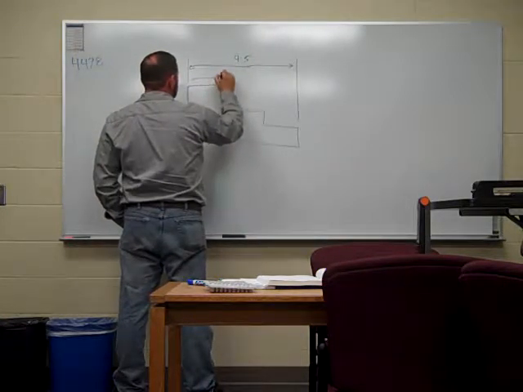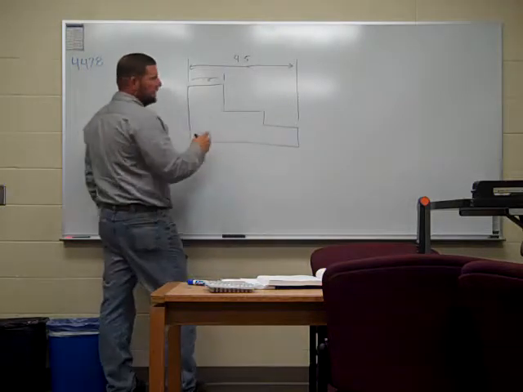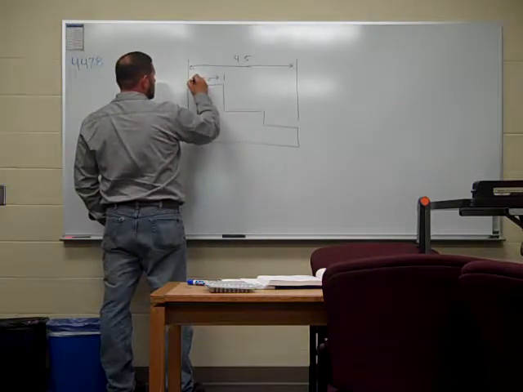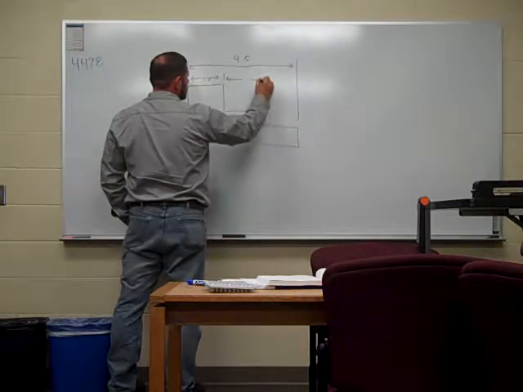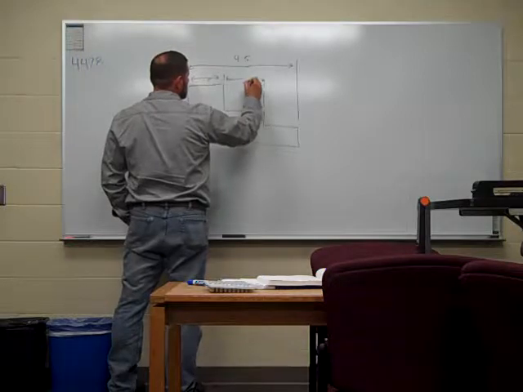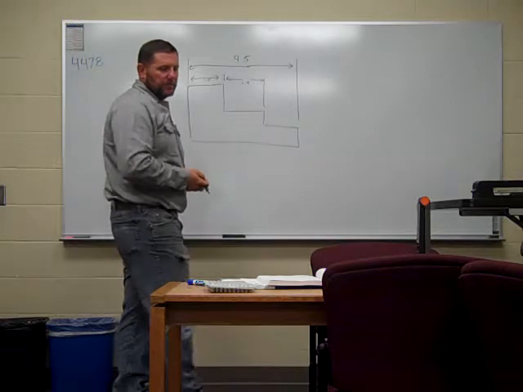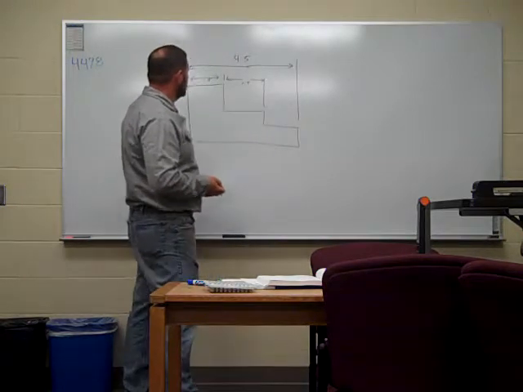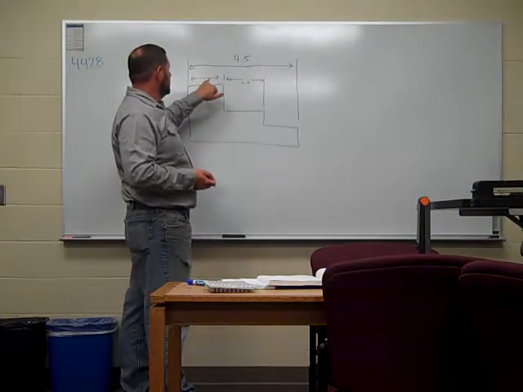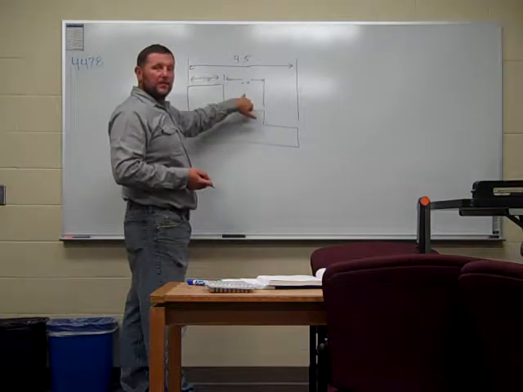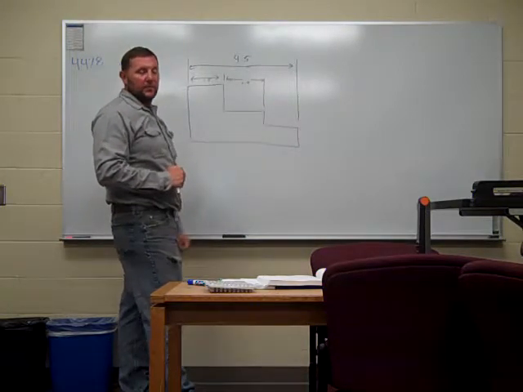They give you the dimension of this, 1.5, and they give you the dimension of this here also. This is an example of broken chain dimensioning. You can see the chain's actually broken. They give you every dimension. Now if you calculated, overall length 4.5, 1.5 plus 1.5 is 3, so then you would calculate that this is 1.5 also.